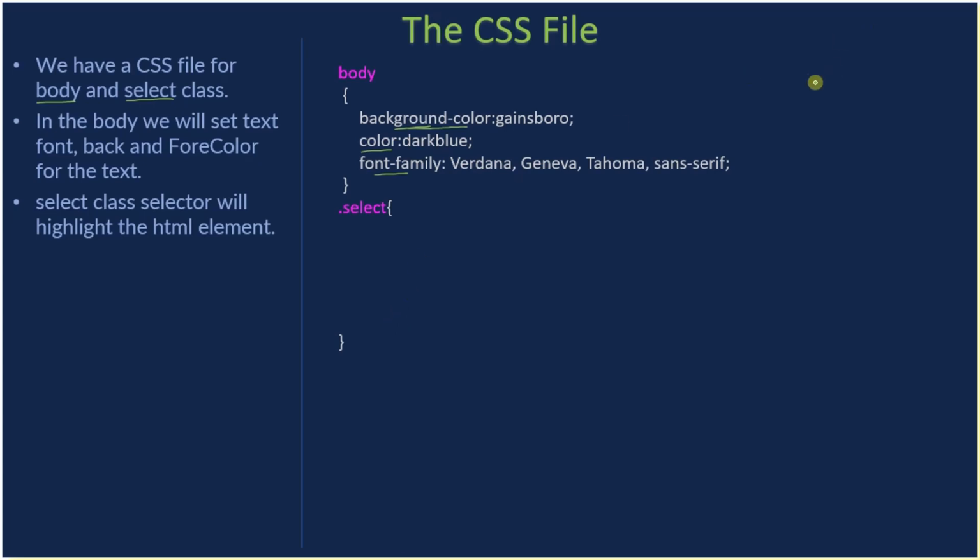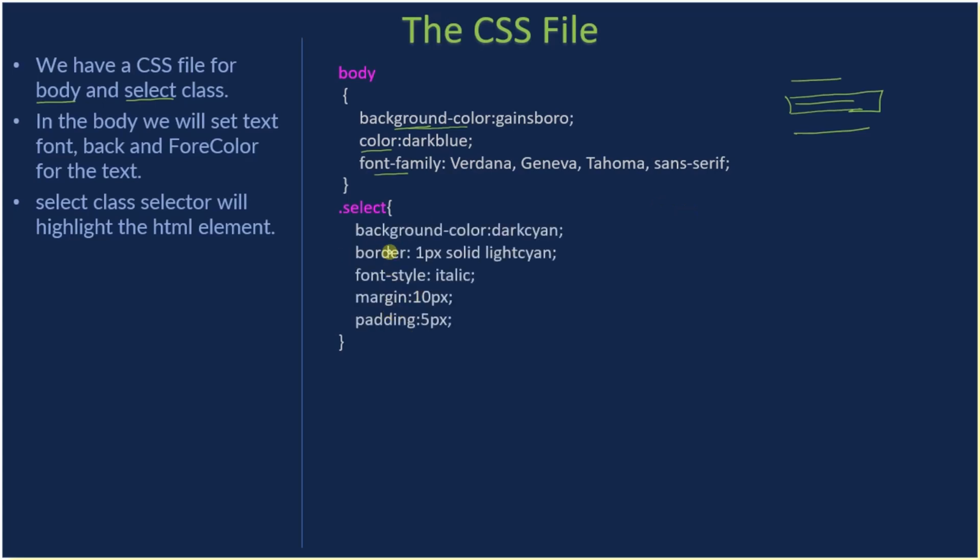So that's our goal. Say for example, if you have 3 paragraphs and one of the paragraphs has a class equal to select, we want to highlight that element like a selection, right? So let's see what are all the styles we are going to place here. First we are setting the background color.